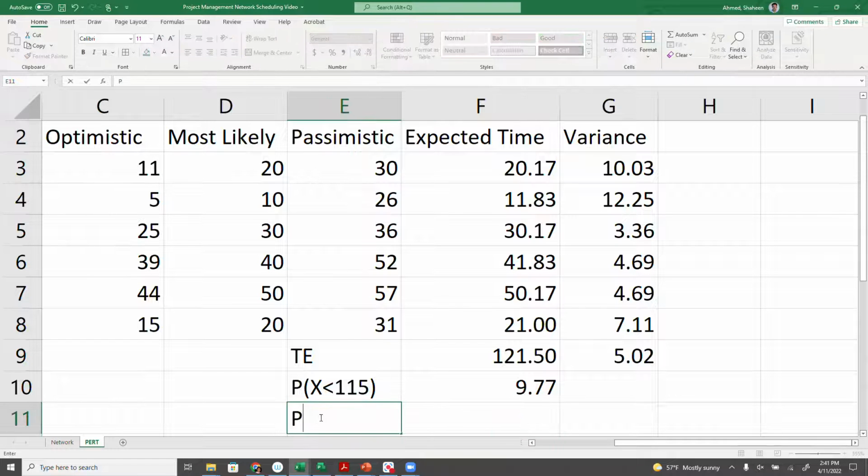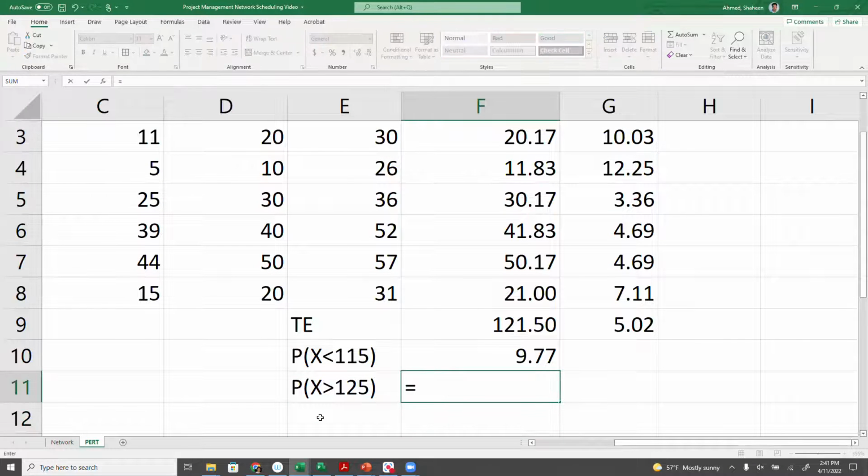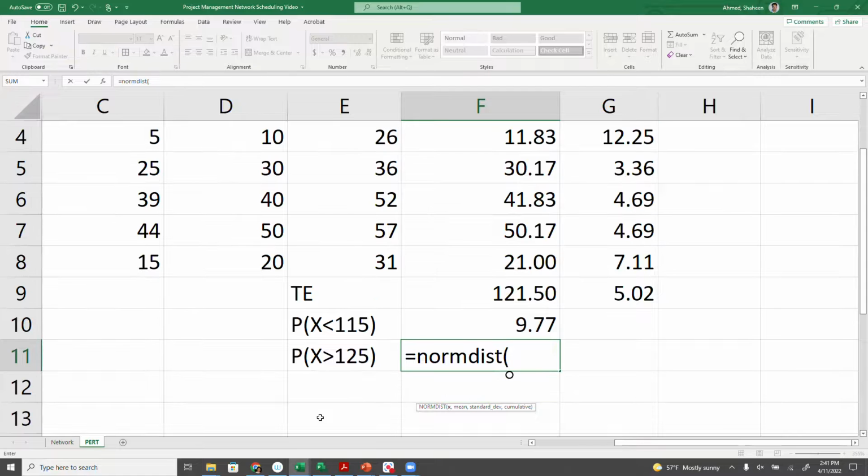Now, if the question is asking what is the probability that the project will take longer than, say, 125 days, we can simply use the NORM.DIST function again. In this case we are looking for the probability of more than 125.